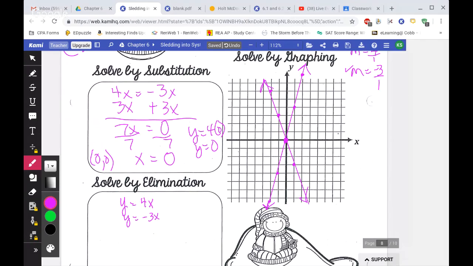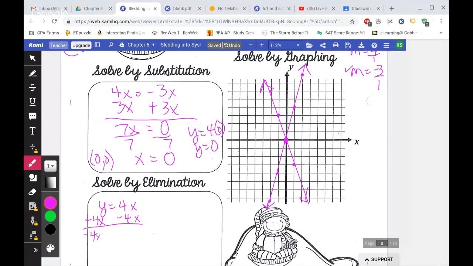Y equals 4x. Y equals negative 3x. I'm going to get each of these. Oops, I'm not going to write it that way. Sorry about that. I'm going to have more room if I write it differently. Once again, keeping it the same. I'm going to subtract 4x from both sides.